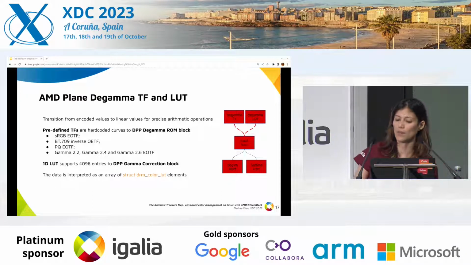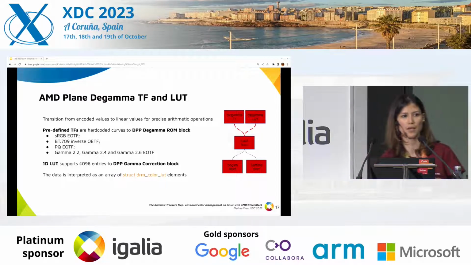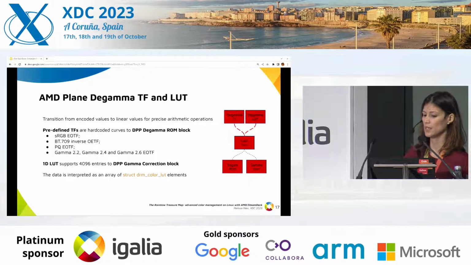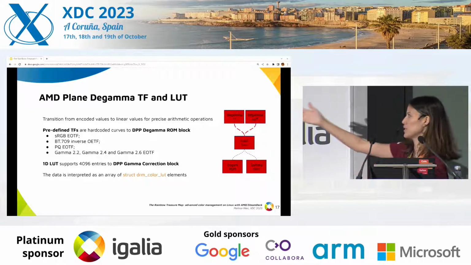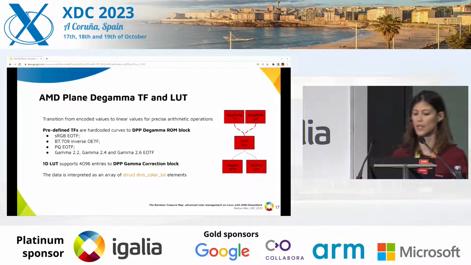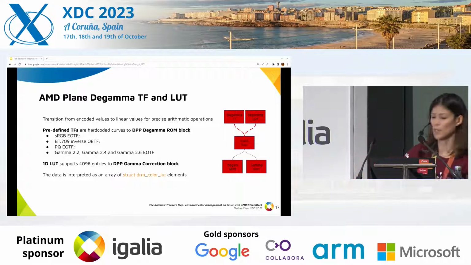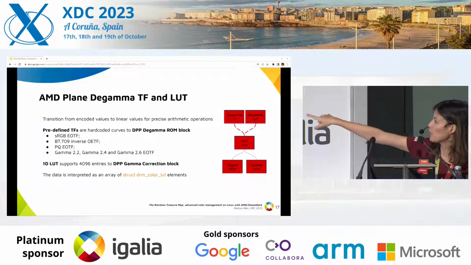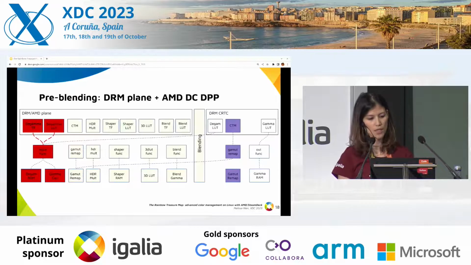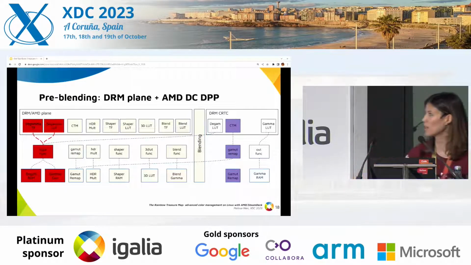We also have a one-dimensional LUT that has the usual size of a 1D LUT in the DRM subsystem, that is 4096. It's an array of DRM color LUT elements that goes to a different block in the hardware, the DPP gamma correction block. Then, finally, we have our first path unlocked.